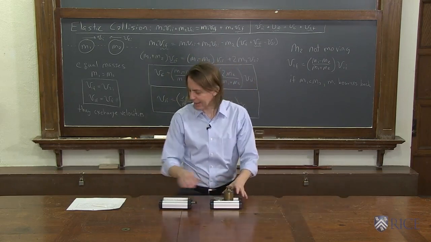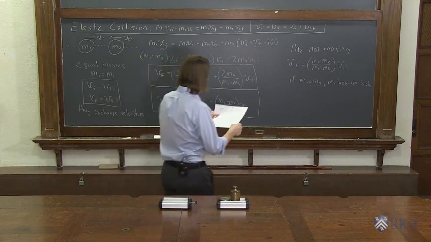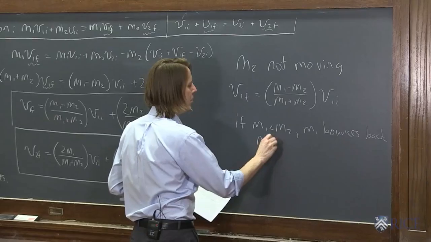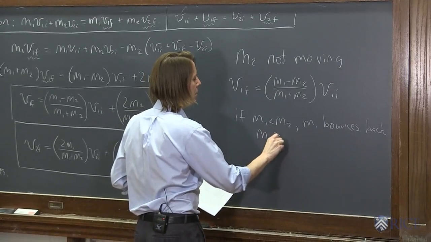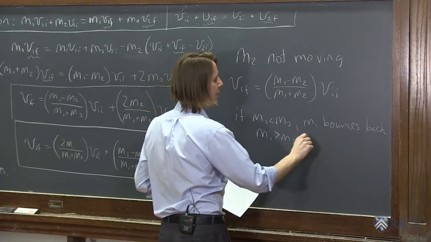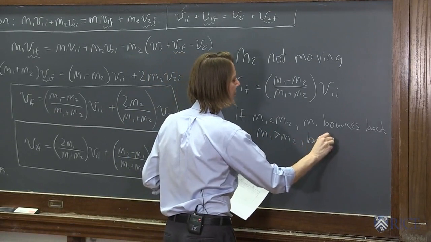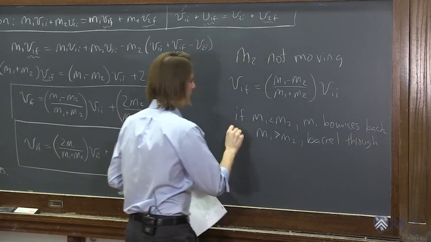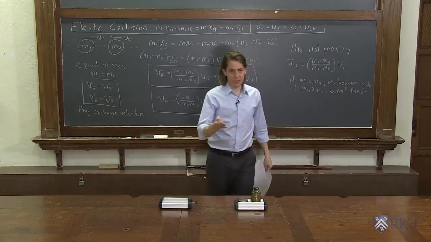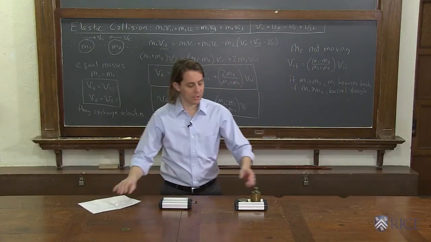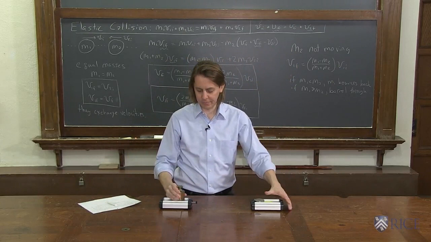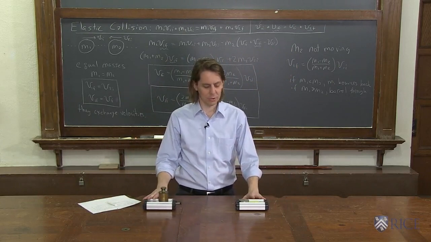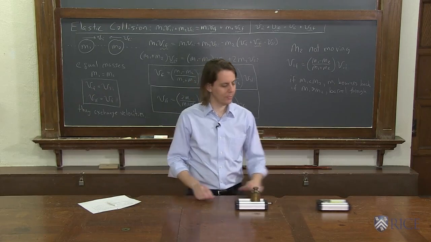If we look at the case where M1 is greater than M2, then it's going to barrel through is the phrase I'll use. So we can show you that as well. We can put the larger mass on M1. In this case, M1 should push M2 along and just keep on going. Let's see. Yep, there you go.